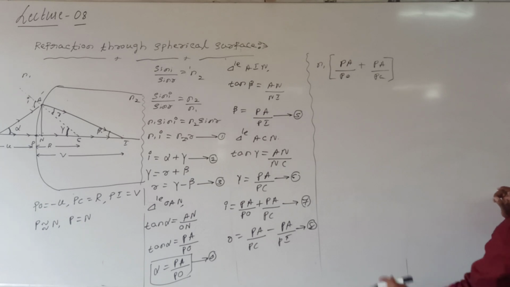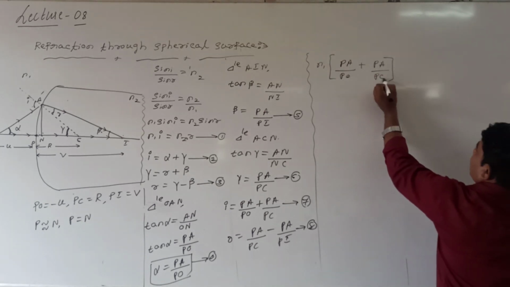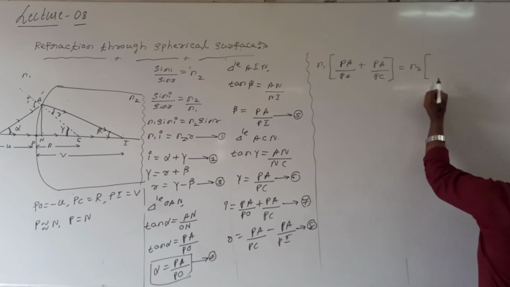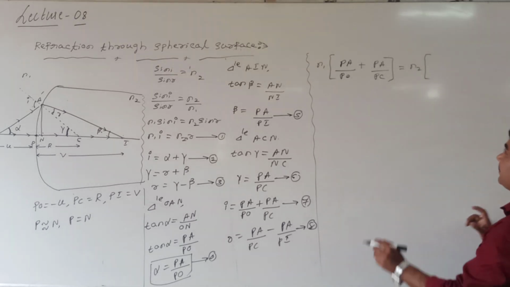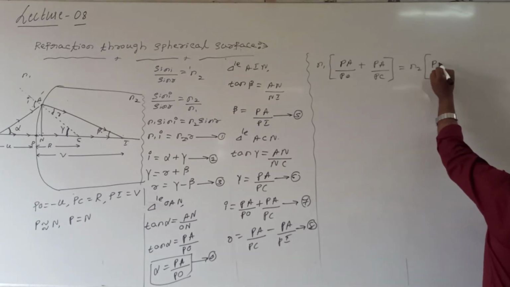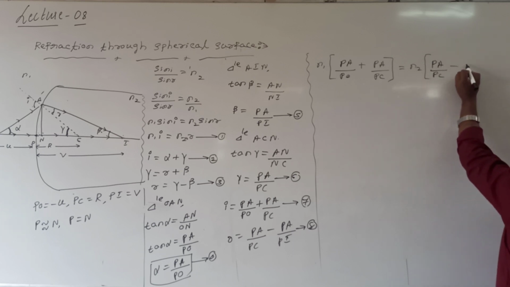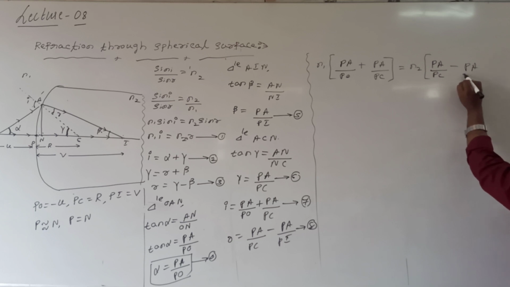And N2 R, where R is from equation 8, is PA divided by PC minus PA divided by PI.